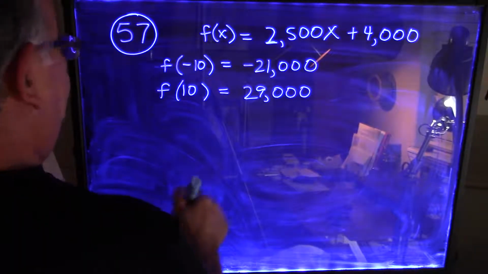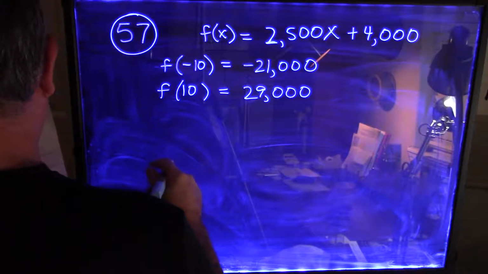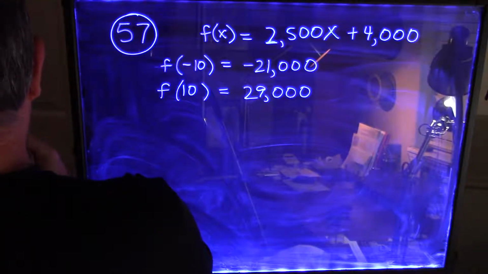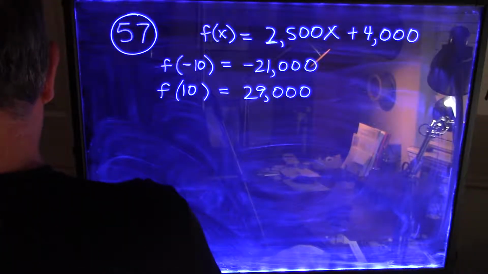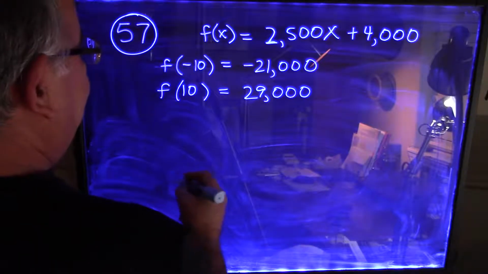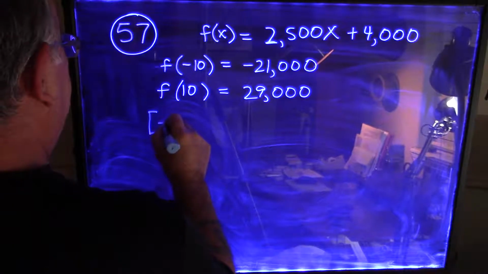Okay, so those are our y values, that's our range. And you could go a little bit bigger than that. If you want to get the whole graph in there, make sure you get it all in there, but this will work with negative 10 to 10.